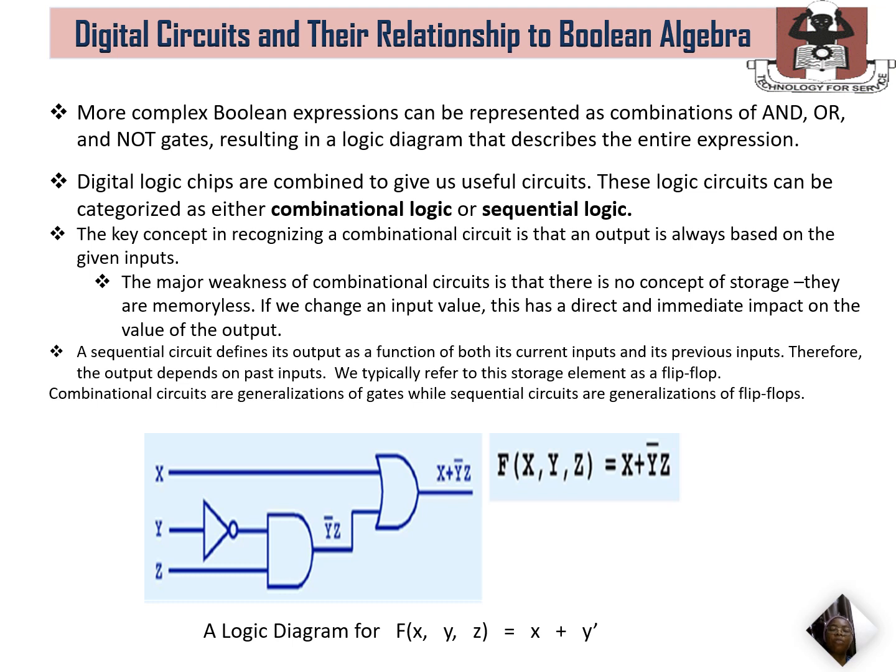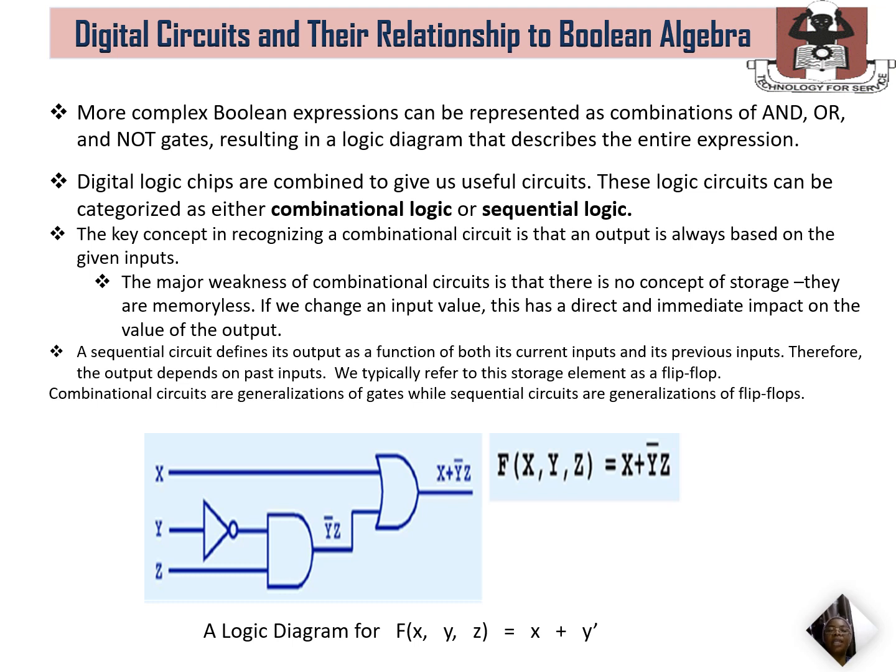When they are represented in many forms in a circuit, the logic circuits can be said to be combinational logic or sequential logic. The key concept in recognizing a combinational circuit is that the output is always based on the given input.